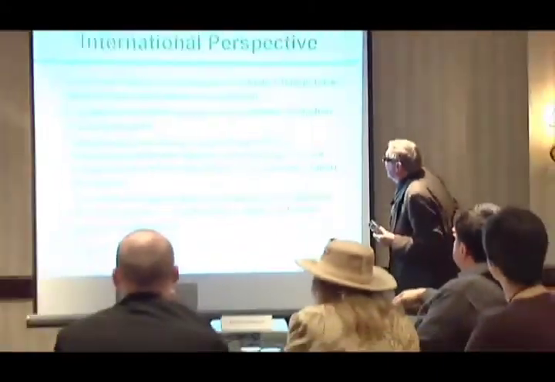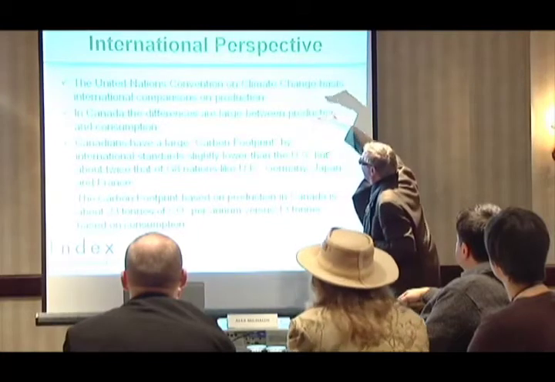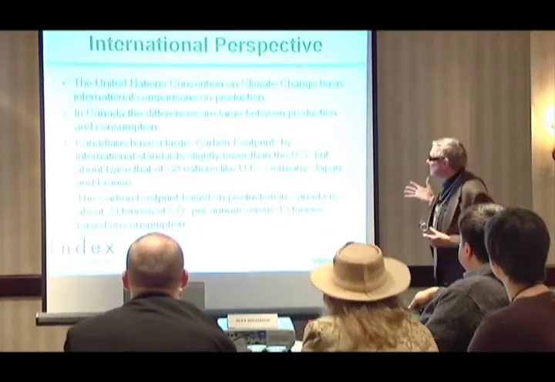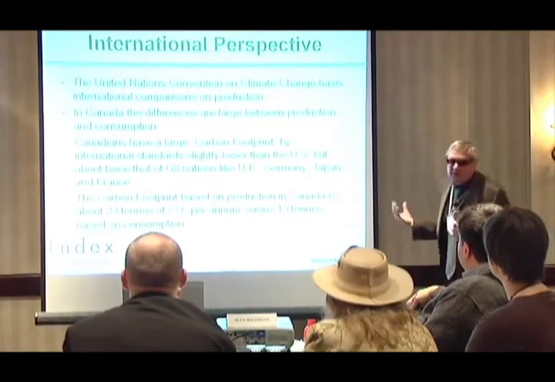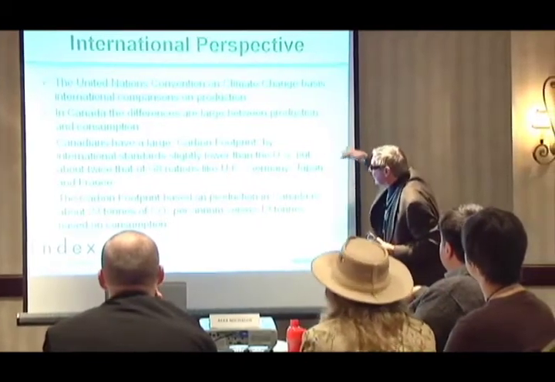Now, here again, maybe you've all seen a lot of that, but this is where I made the point that when we're looked at on an international level, we're looked at as producers as opposed to consumers. And Canada, because we're a big exporting nation, has a big gap between the producer and the consumer.